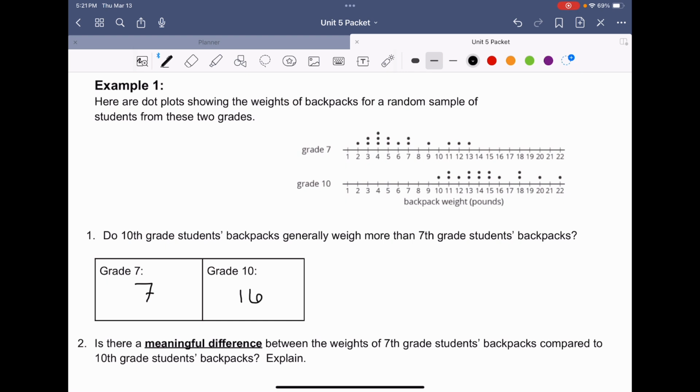Now, we also need a sentence. So we're going to say 10th grade backpacks tend to weigh more than our 7th grade backpacks.